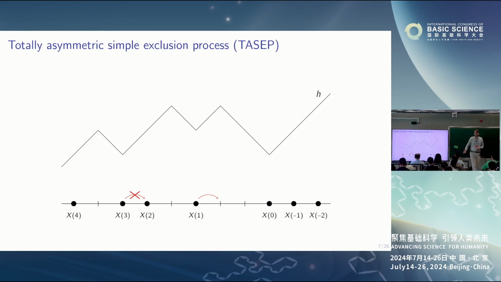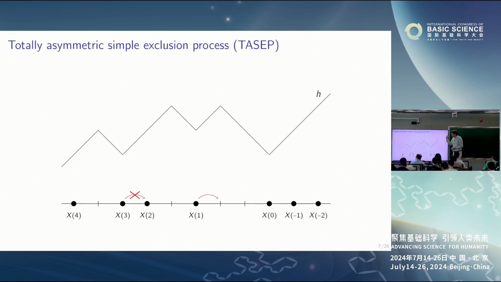This is a process in continuous time, and particles independently try to jump to the right, with the only condition that they're not allowed to jump on top of another particle. So for example, if this first particle decides to jump, it is allowed to do it because the destination is empty. But then if this third particle wants to jump, then we forbid it because the destination site is already occupied. So the particles move to the right.